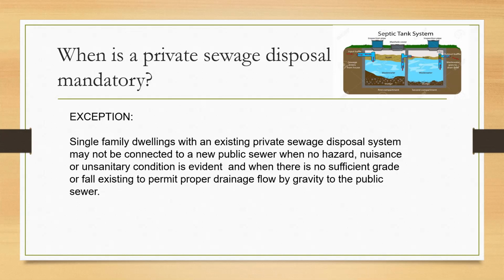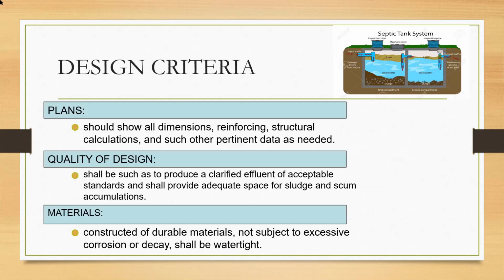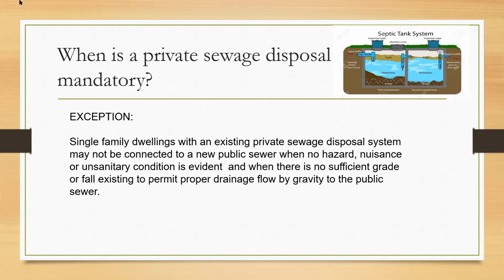Exception: single-family dwellings with an existing private sewage disposal system may not be connected to a public sewer when no hazard, nuisance, or unsanitary condition is evident, and when there is no sufficient grade or fall existing to permit proper drainage flow by gravity to the public sewer. So, lalong-lalo na po yung pagtatapunan mo ay mas mataas yung elevation kaysa dun sa discharge pipe. So, babalik po yun. Okay?